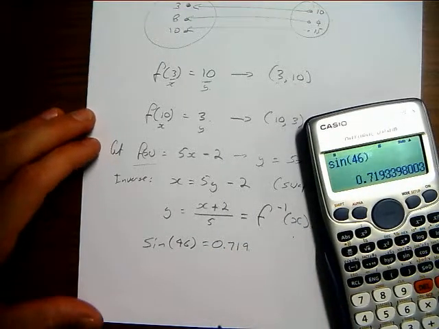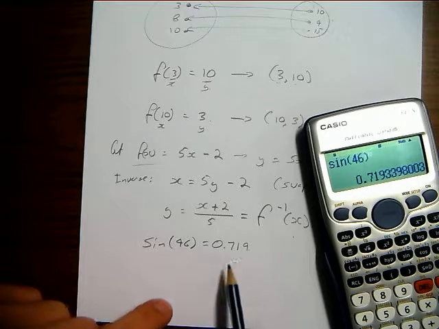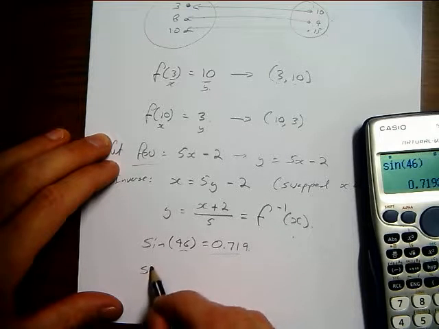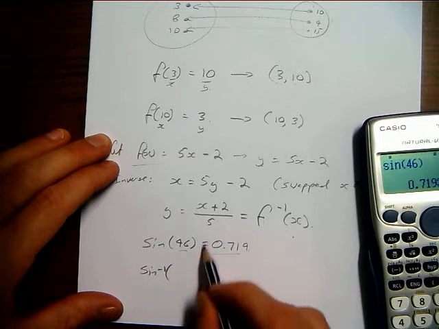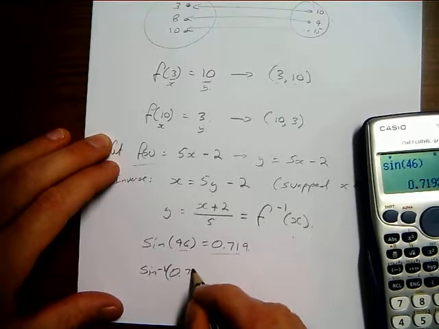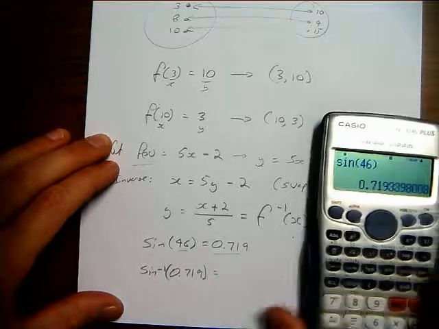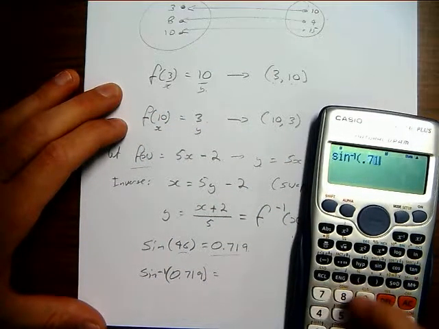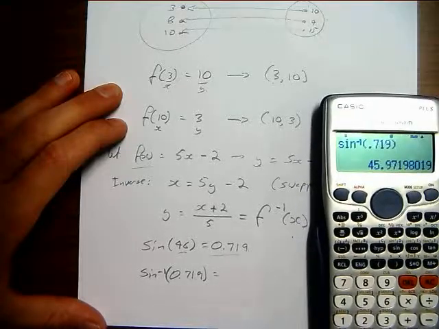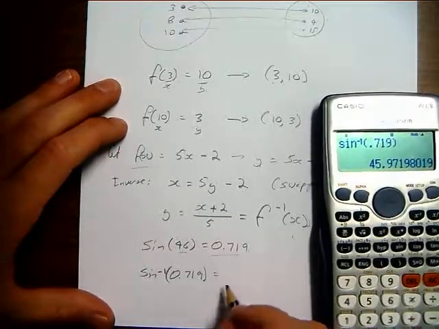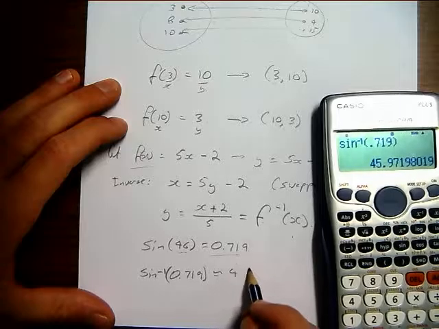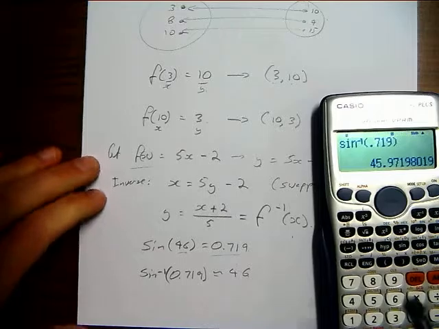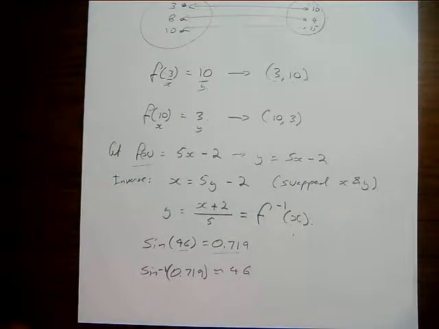Now, if I swap the x and the y, so this is like my x and my y, if I have my inverse function and I put in my y, I'm going to get out that. So if I go sine inverse of 0.719, it's nearly equal to 46. Obviously I rounded off there, but that's roughly 46. So your inverse function swaps the x and the y, and that's how you do it.